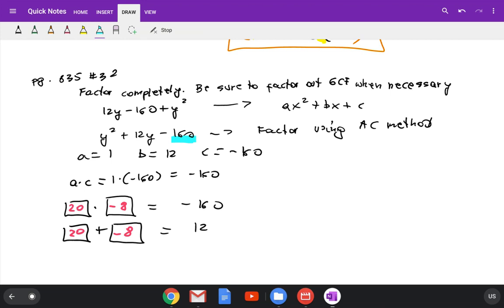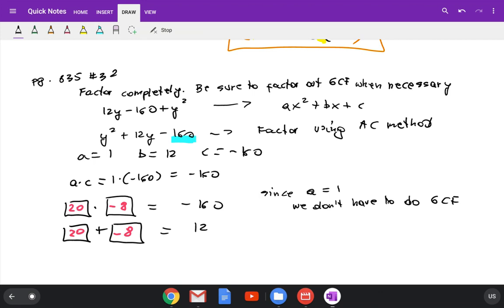So here, the same scenario. Since A is equal to 1, we don't have to do GCF. So you create two parentheses.